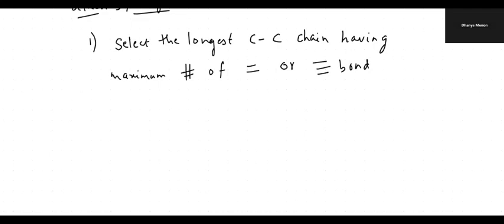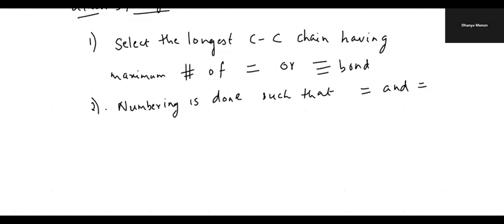Second rule is that the numbering is done in such a way that double and triple bond gets the lowest number or lowest locant.